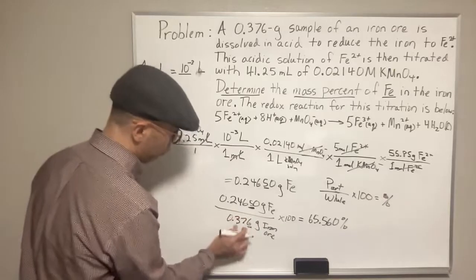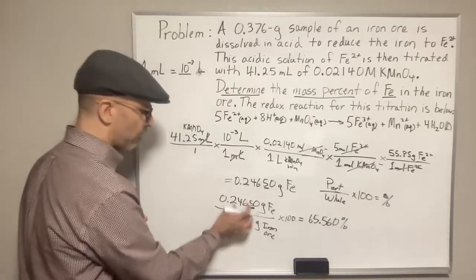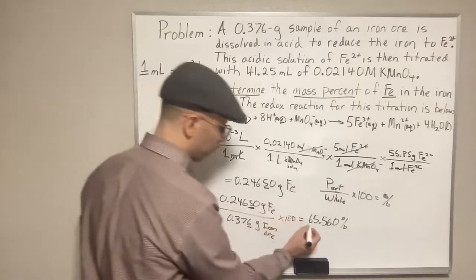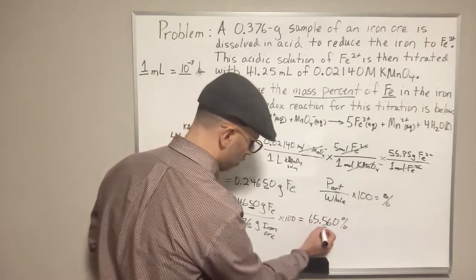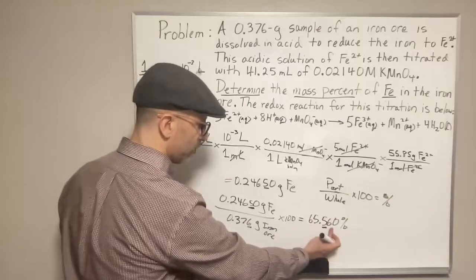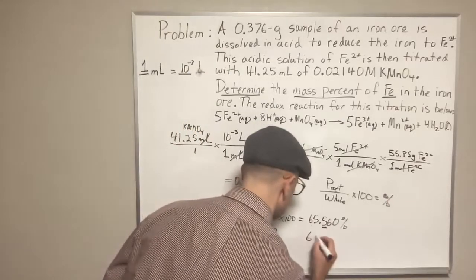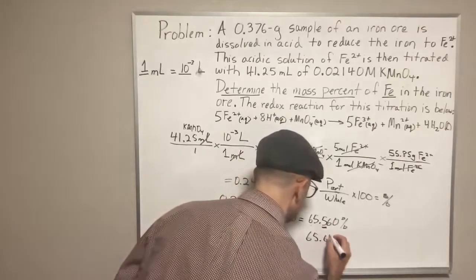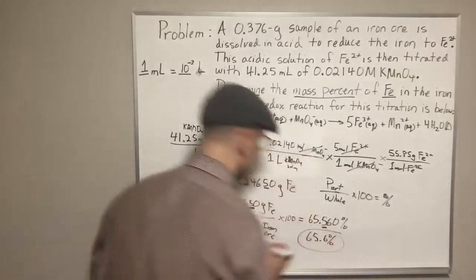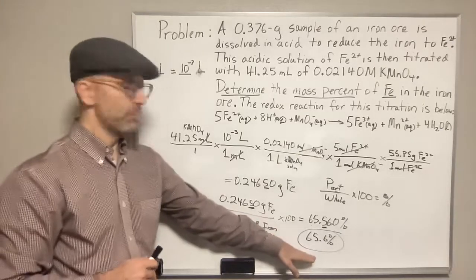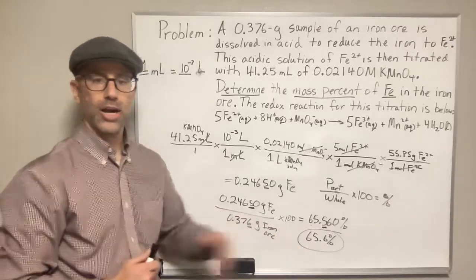Here we have 3 sig figs. So again, we're dividing, so that means our answer can only have 3 sig figs. So we got 1, 2, 3. It ends there. This is a 6, so that means we round this up to a 6. So our final answer is 65.6%. So that is the percent mass of iron in our iron ore.